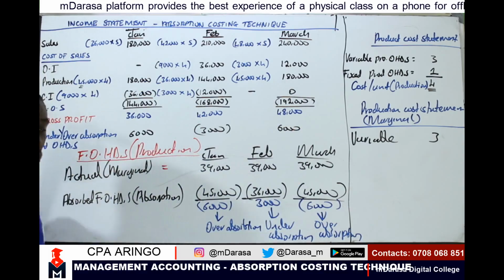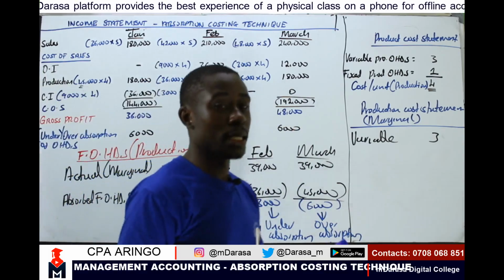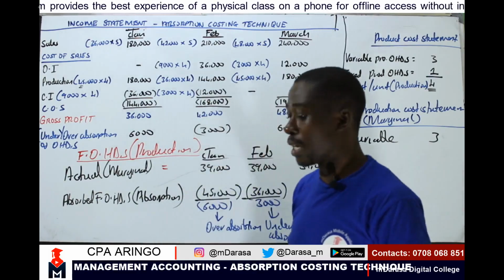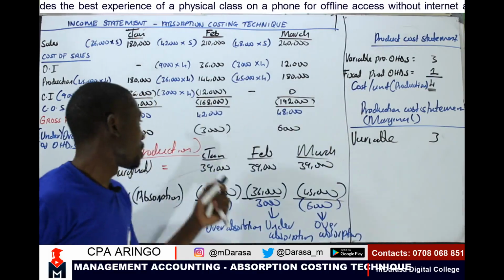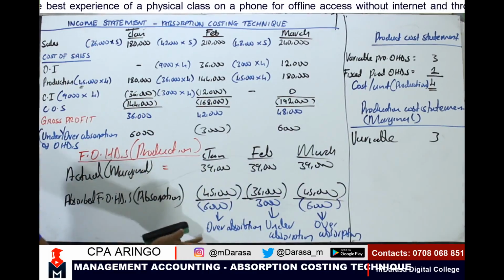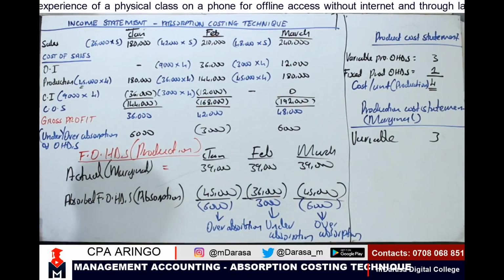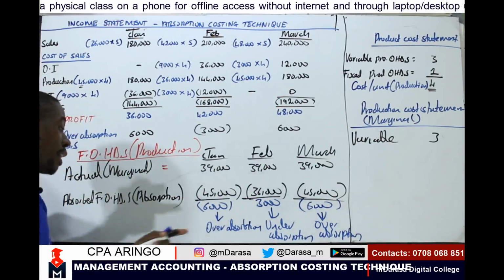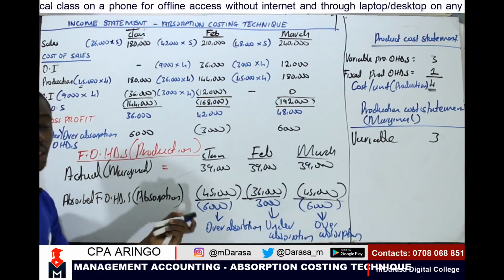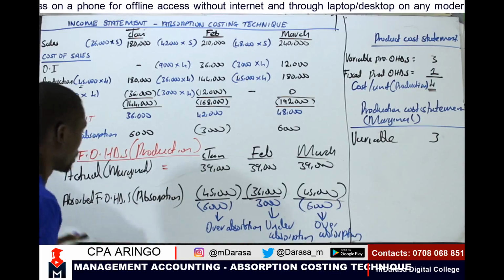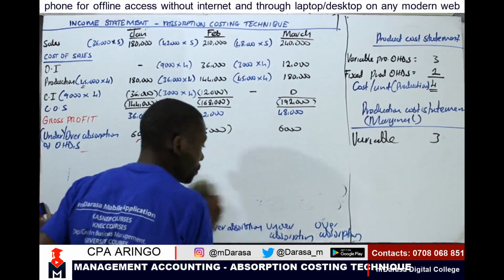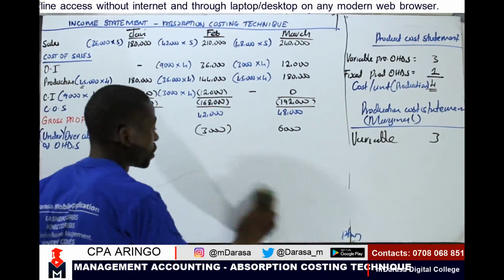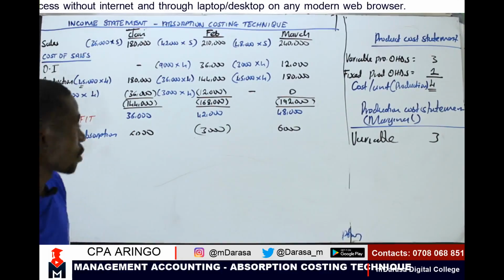Remember, this concept will vary when we look at our opening inventories. So this is our production, and that's how we determine either over or under. Remember, even if you start with deducting, absorption and marginal, so long as you understand the concept, it will be the same. After we have this, we can now comfortably have our figures correctly.